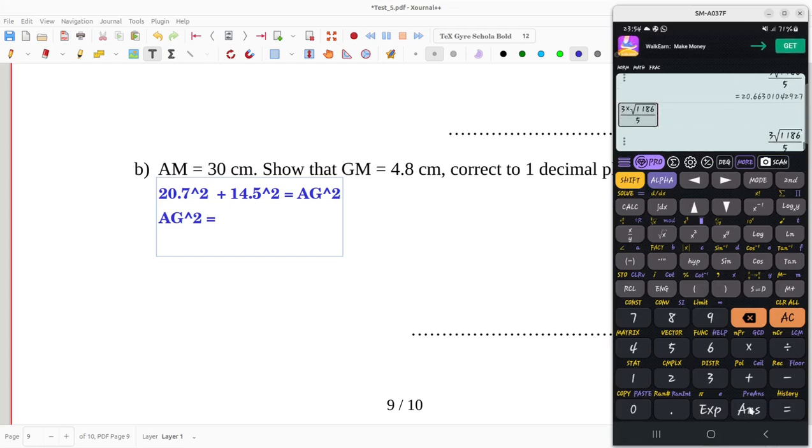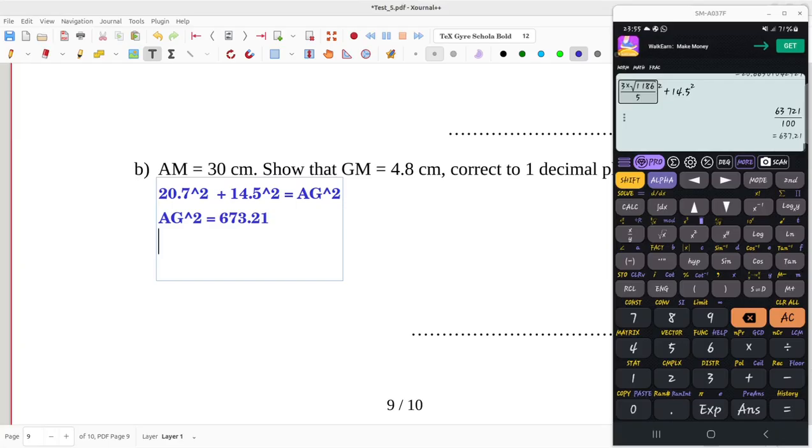So this is the 20.7 squared plus 14.5 squared. And this is giving us 637.21.